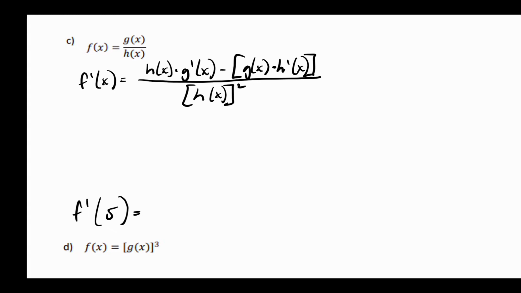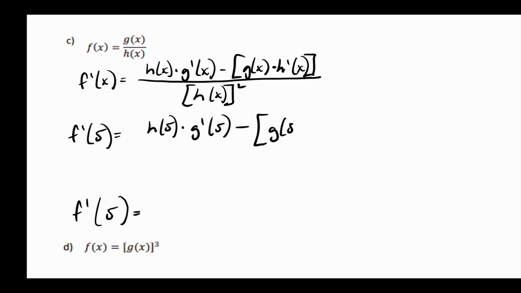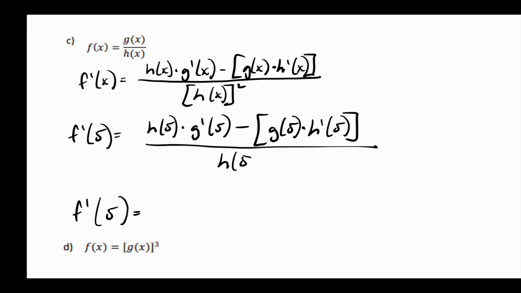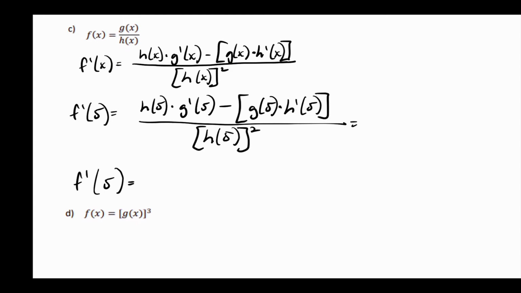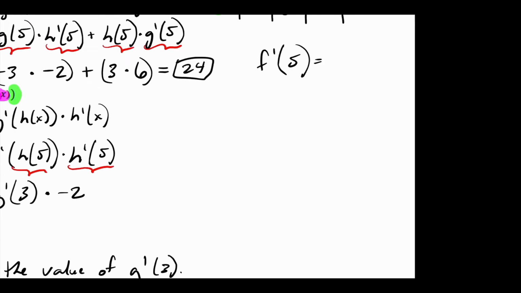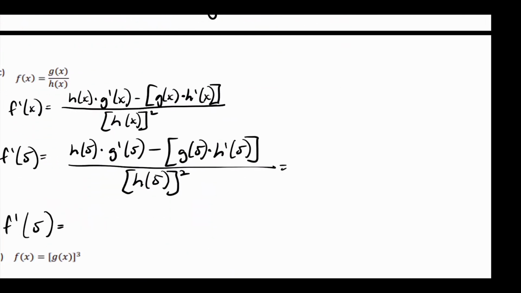Okay, so let me plug in 5 everywhere I see an x. Now I'm going to go to my table and figure out what all of those values are. So let's see, h of 5 was 3.